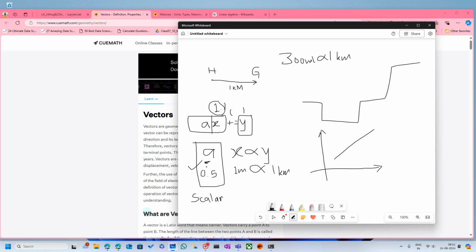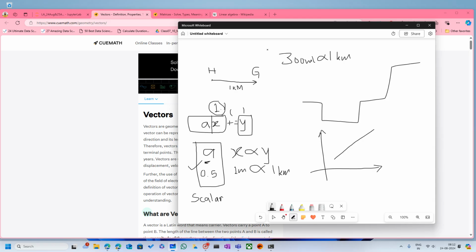Step length could be in any direction, right? There is no specific direction to it. Step length is a constant, so hence it becomes a scalar. And x becomes your vector value. Why? Because you are taking a certain direction to reach your destination. So that will be called a vector.